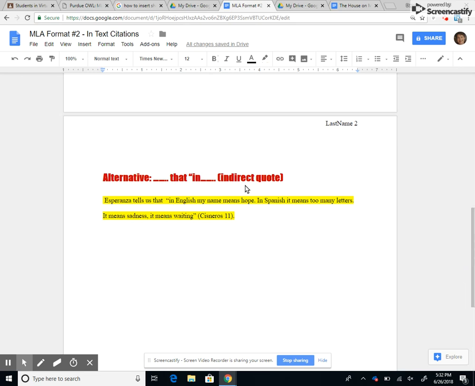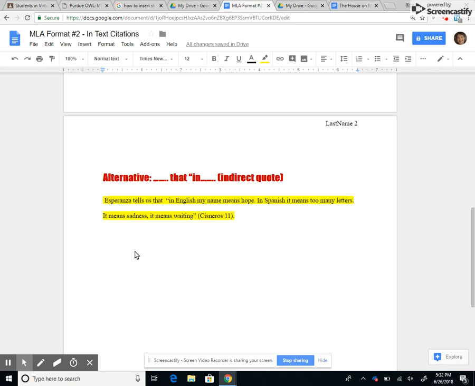That means I don't use a comma to introduce the quote, but I incorporate the quote into my sentence by using the word that. And if there's no comma that separates the quote, then I don't need to capitalize the first word in the quote.